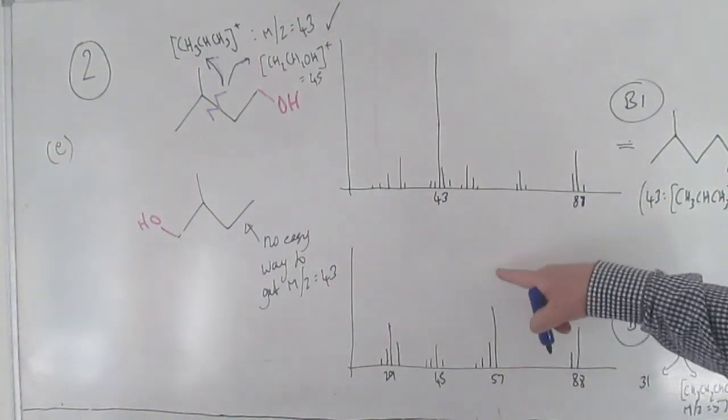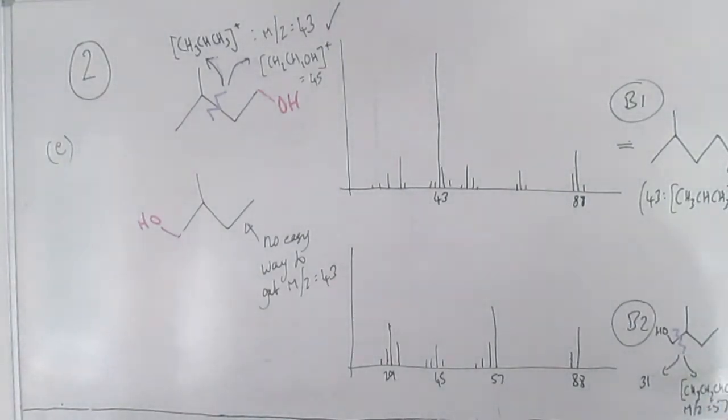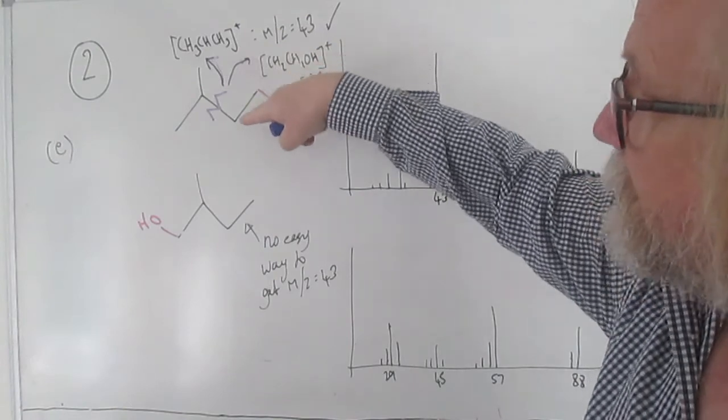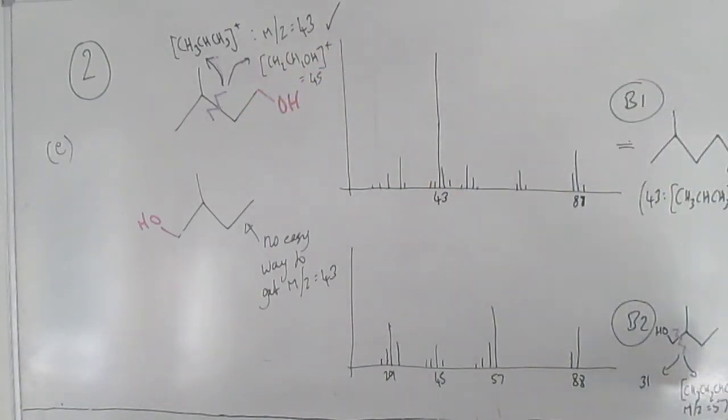So the most abundant fragment is successfully accounted for by that one. You can get 57 from this one as well, actually, if you break this bond, so that doesn't help you very much, but it is consistent at least with this one being B2.